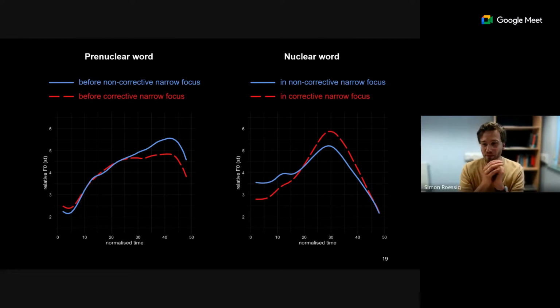From what I've seen in the individual data, there's at least one speaker that seems to respond in this way, where higher F0 on the prenuclear peak leads to lower responses as broad focus. So it's the reverse pattern, which is in line with the Gussenhofen-Rietveld effect. But where this comes from, I don't really know. Yeah, would be interesting to look at.